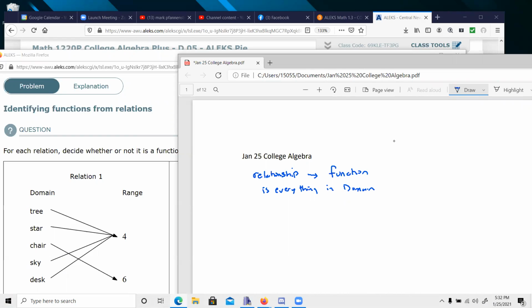Does everything in the domain get used? Okay, everything is being used. And then the second thing is, how many arrows does it have sticking out of it, right? If it has more than one arrow, then it's not a function. So, one and only one assignment per domain element.